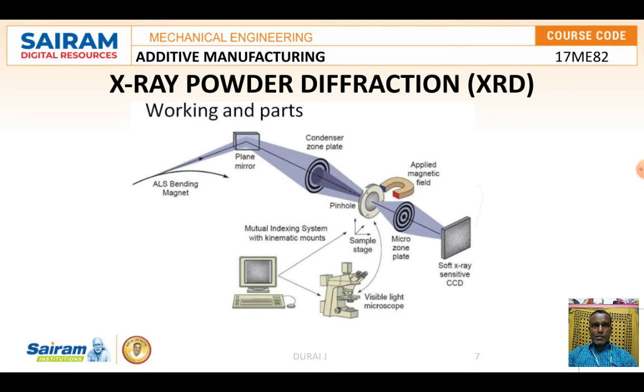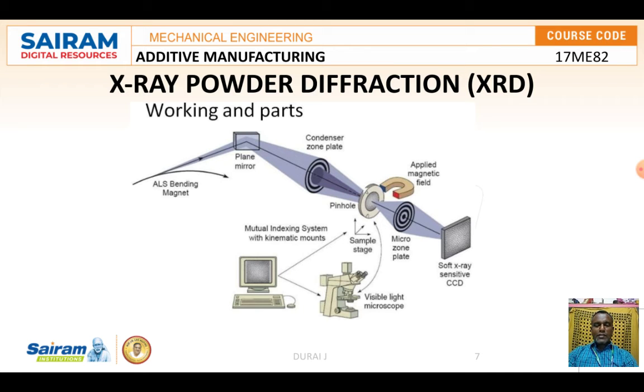The interaction of the incident ray with the sample produces constructive interference when the conditions satisfy Bragg's law, n lambda equals 2d sin theta. This law relates the wavelength of the electromagnetic radiation to the diffraction angle and the lattice spacing in a crystalline sample.